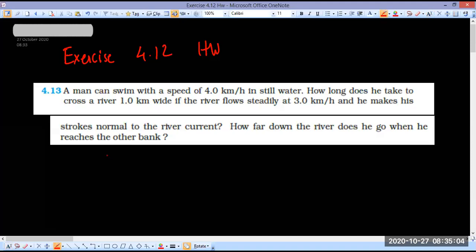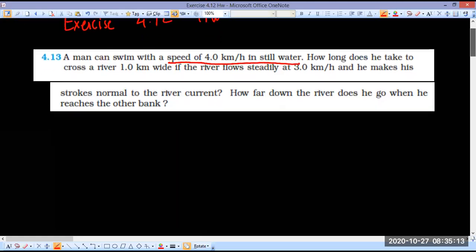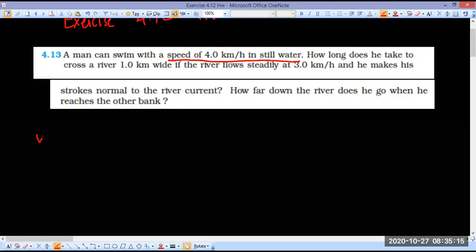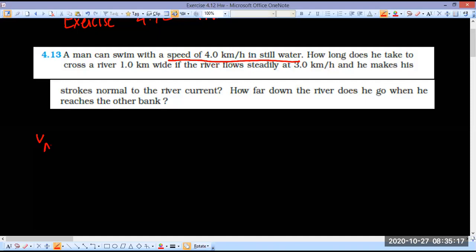So now let's start. It is given that a man can swim with a speed of 4 km per hour in still water. So basically his swimming capacity is given. The man can swim with respect to water, of course. Sorry, speed, not velocity.